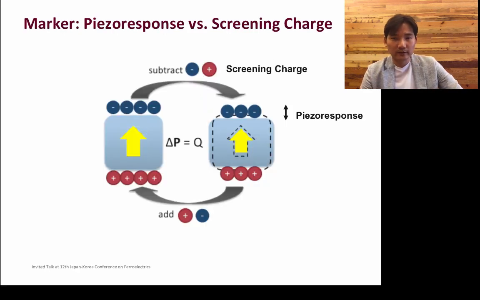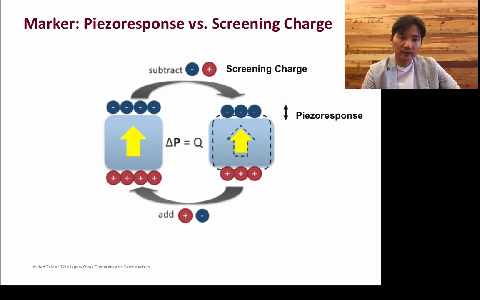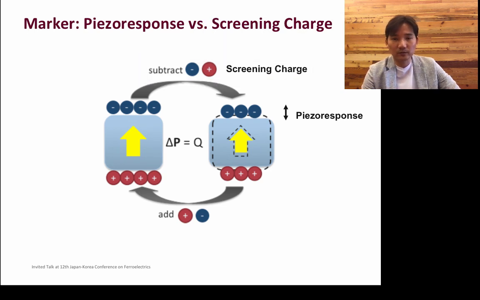So now I told you we used piezo response as a marker to visualize the polarization, because polarization and the piezoelectric coefficient are linearly coupled. We were thinking, can we use another marker to visualize polarization, for example, to enhance the speed of imaging? And obviously, if you look at this picture, it is not only polarization and piezoelectricity, but also screening charge that you can use as a marker.